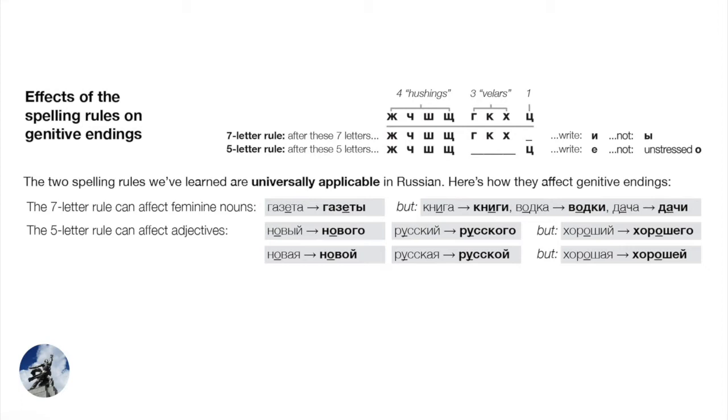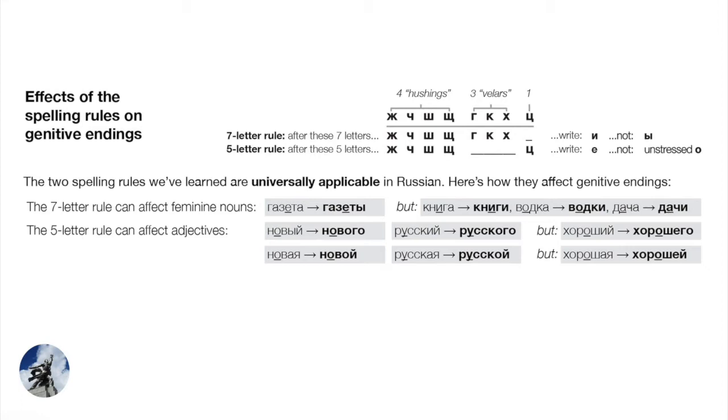Okay, so look how that's affecting this. Kniga becomes knigi. Vodka becomes vodki in the genitive, and dacha becomes dachi. We simply can't write an "u" after those letters, and of course that means by extension we can't pronounce an "u" after those letters.